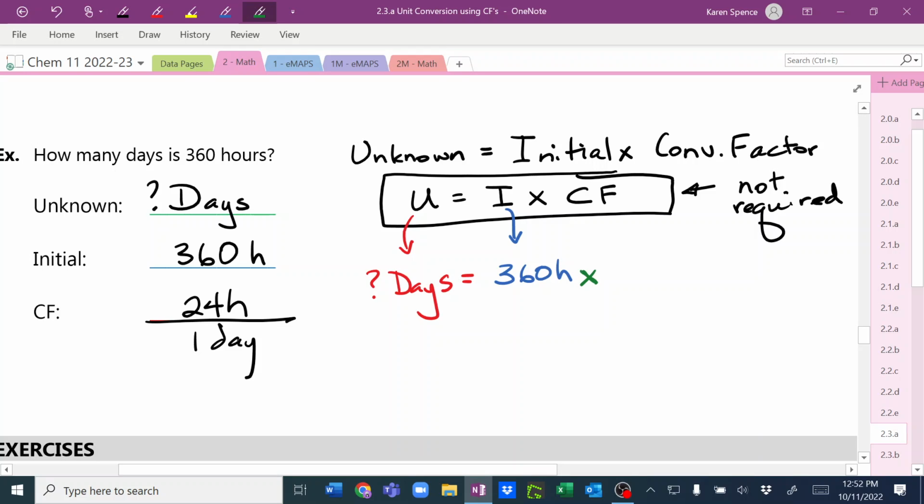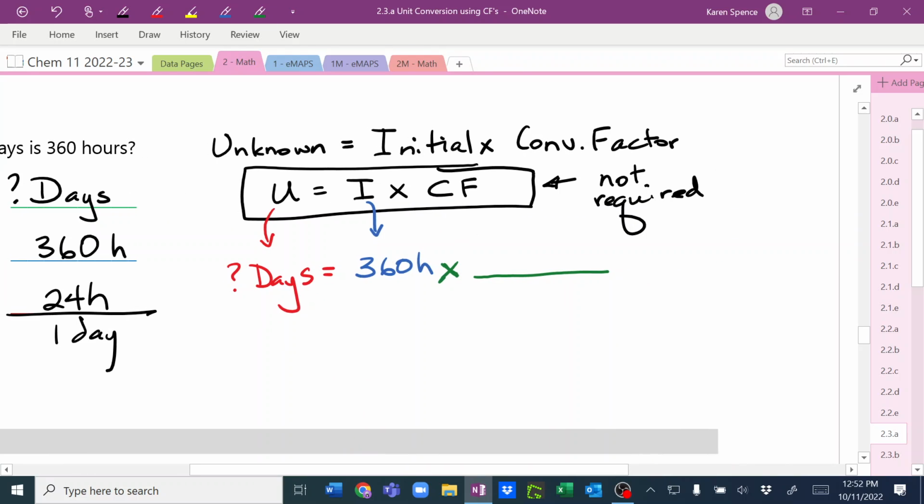And remember, I'm going to write times, and then I'm going to draw a line. So you'll often hear me say times line. And you want to put your units in next. What units do we want to have on the bottom? We want to have hours on the bottom so that it will cancel out. So we're going to put hours on the bottom.